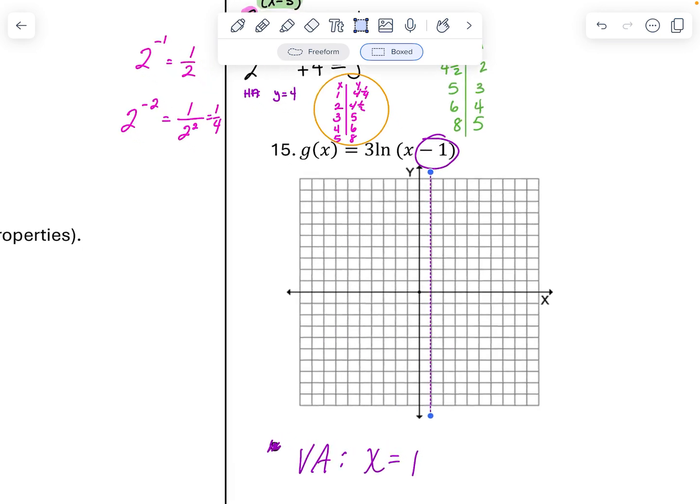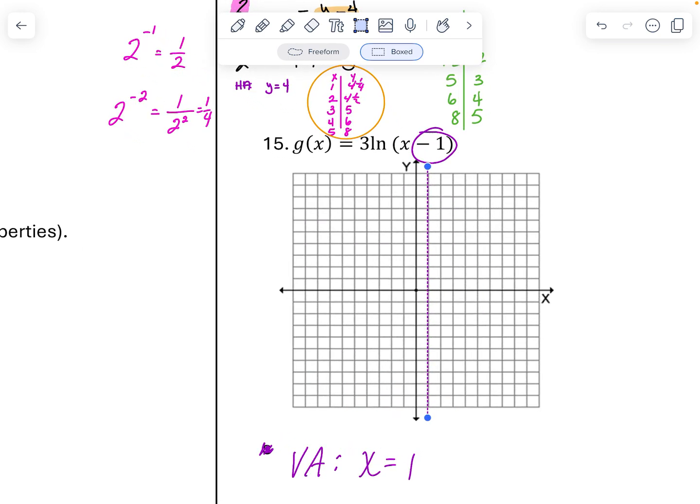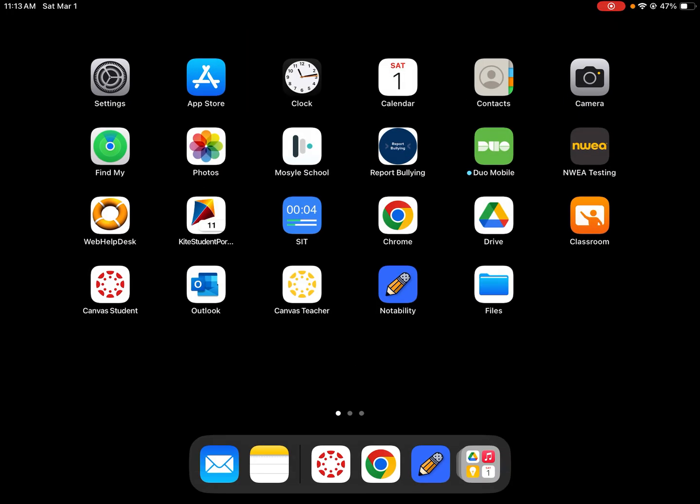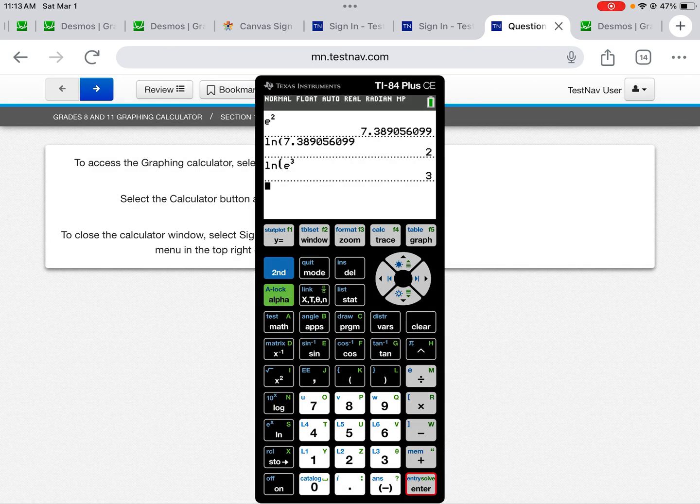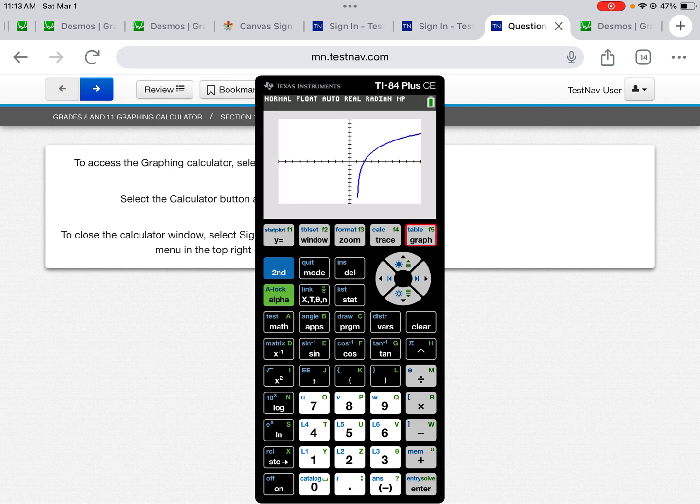And if you want to graph it, 3 natural log x minus 1, you can go to your graphing calculator and type in 3 natural log x minus 1, close it, and hit graph. And by the way, if you want, you can also put in x equals 1.